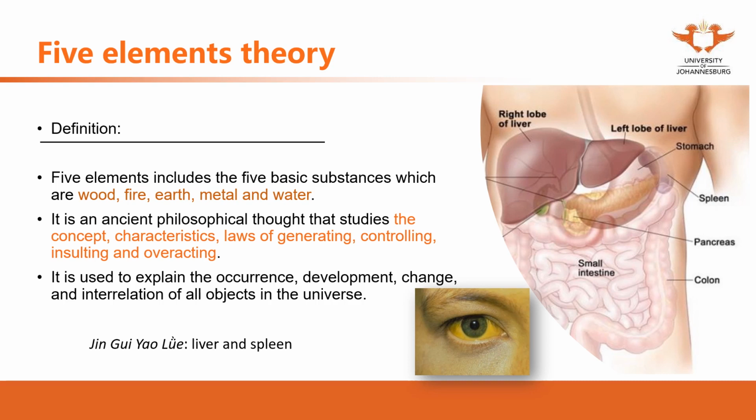From the definition, you will see that in the five element theories, we actually admitted that the five elements are a kind of substance, so they are actual objects such as wood, fire, earth, metal, and water. That's the actual stuff we can see in nature.